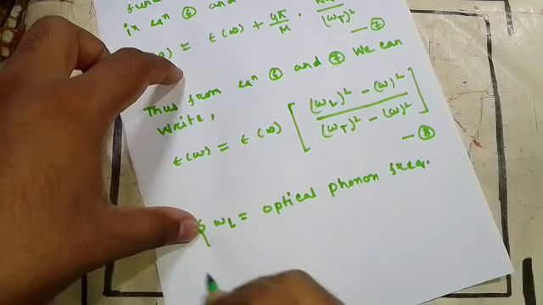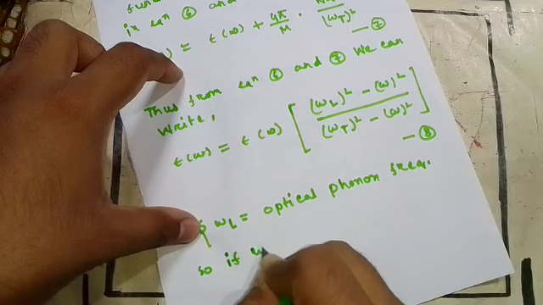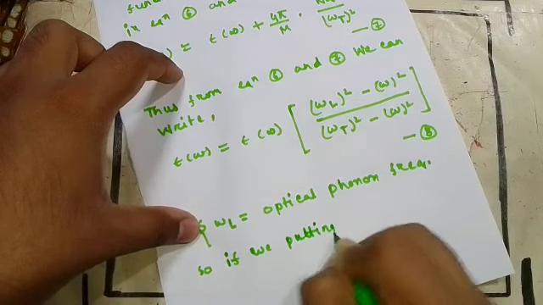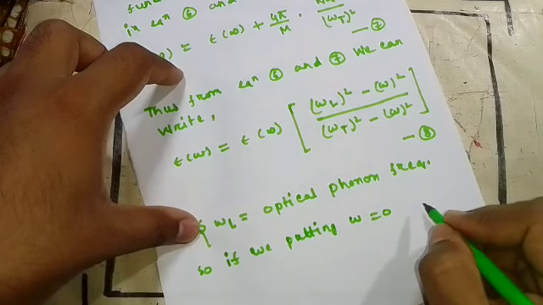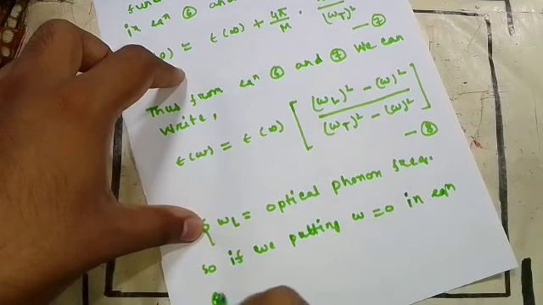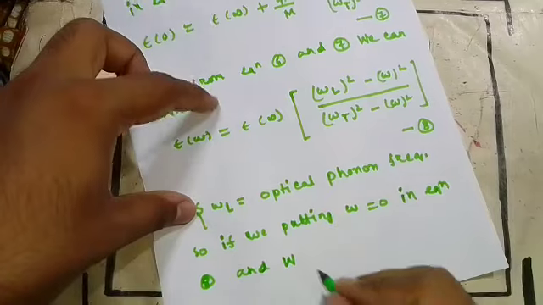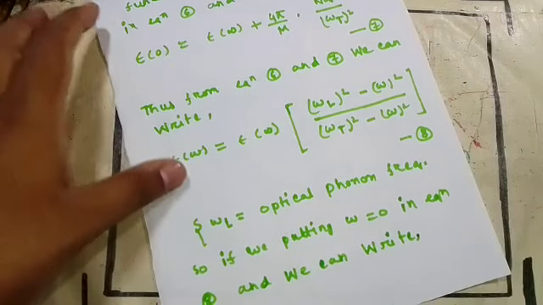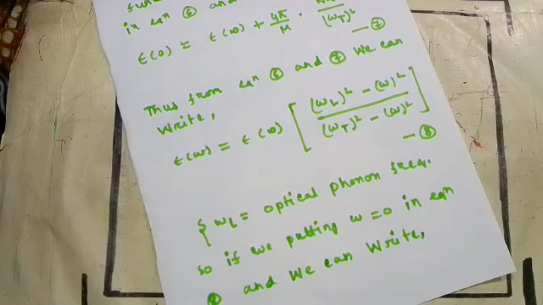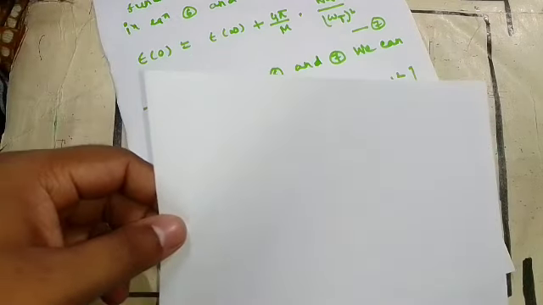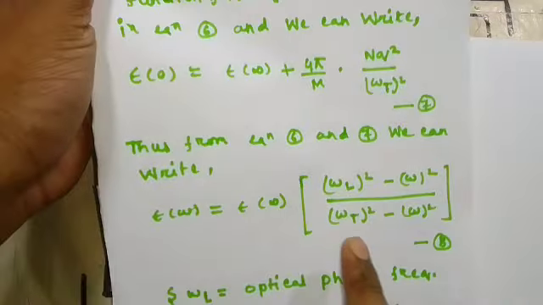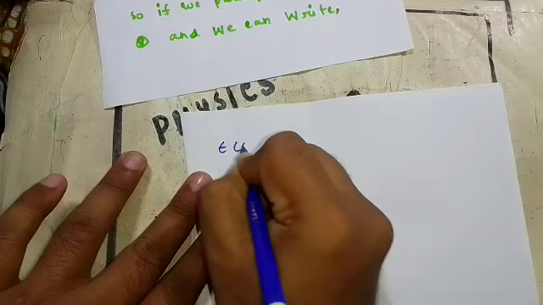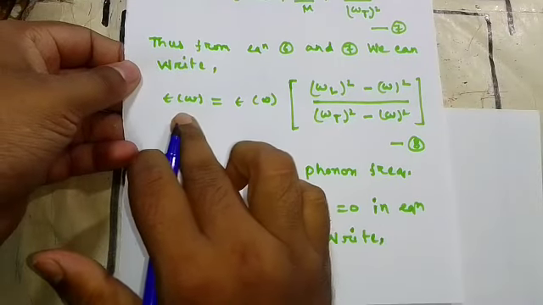If we put omega is equal to 0 in equation 8, the expression is celebrated as the LST relation. The term epsilon omega will be epsilon 0.